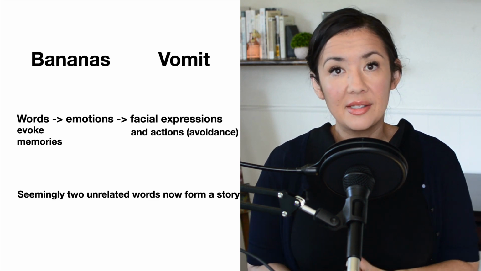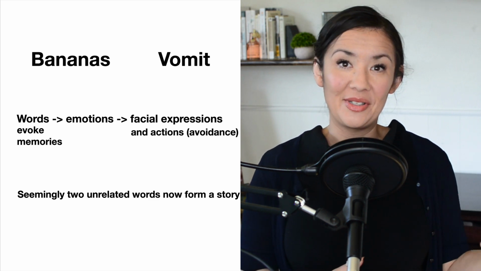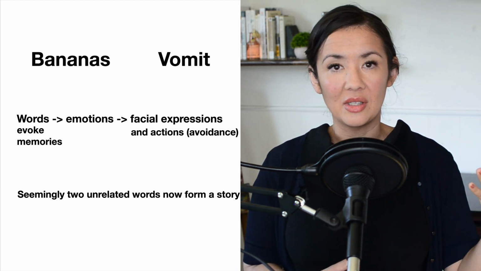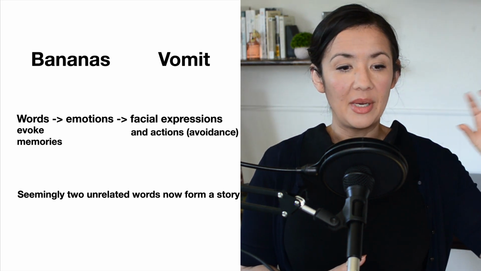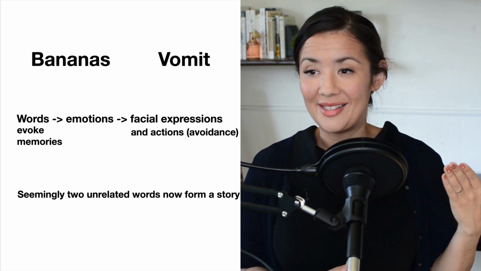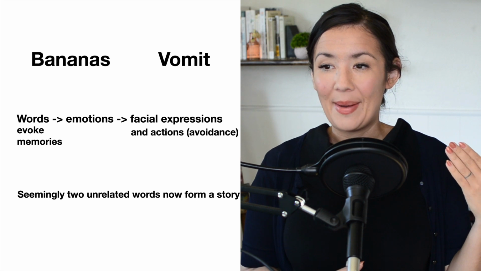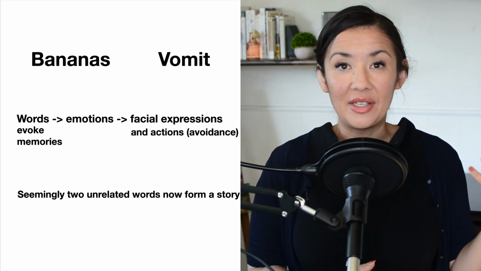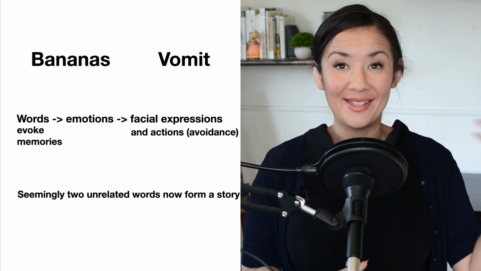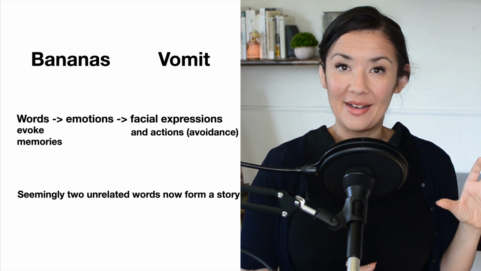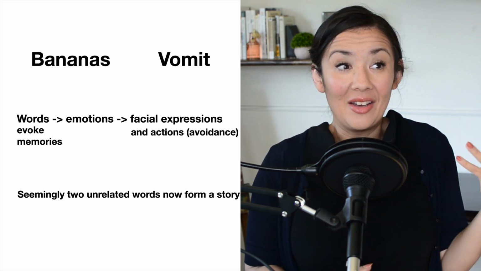Now, a really interesting example of this that you might have experienced in your life, I know I have as well, is when we make associations with information that other people don't have the same associations to. One example is thinking about bananas and then getting sick. I've known some colleagues who have had bad stomach issues after they had bananas. And so when they think about bananas, they automatically think of vomit.